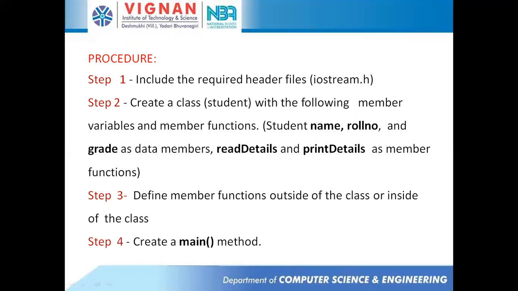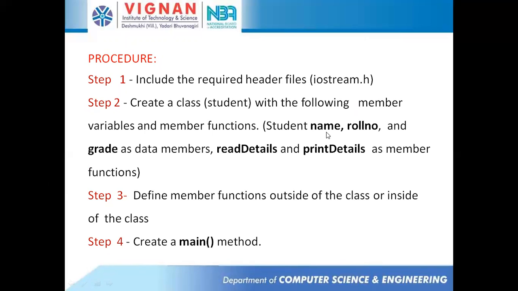What are the student properties? As per our experiment, they are the student's roll number, name, and grade. These three you have to declare as member variables, and the operations, read details and print details, you can declare as member functions.